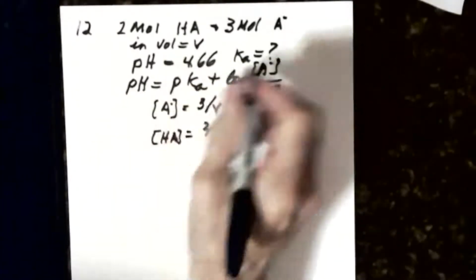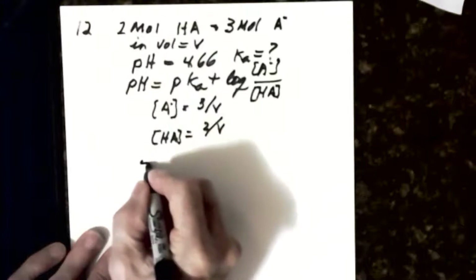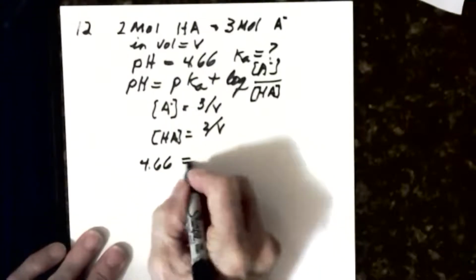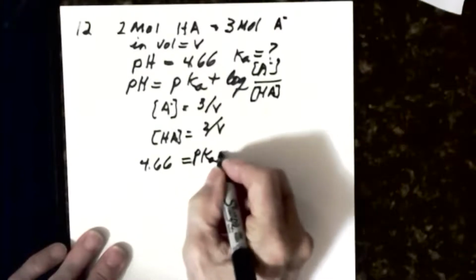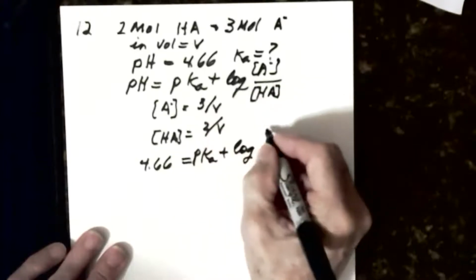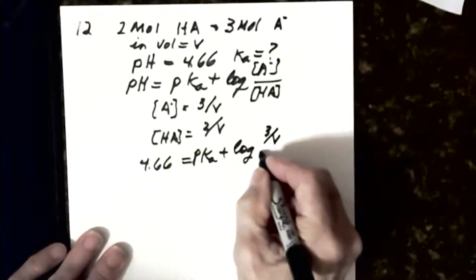So when I put this data into the Henderson-Hasselbalch equation, the pH we observe is 4.66. So that's going to be equal to the pKa plus the log. Now, the A minus concentration is 3 moles divided in V liters.